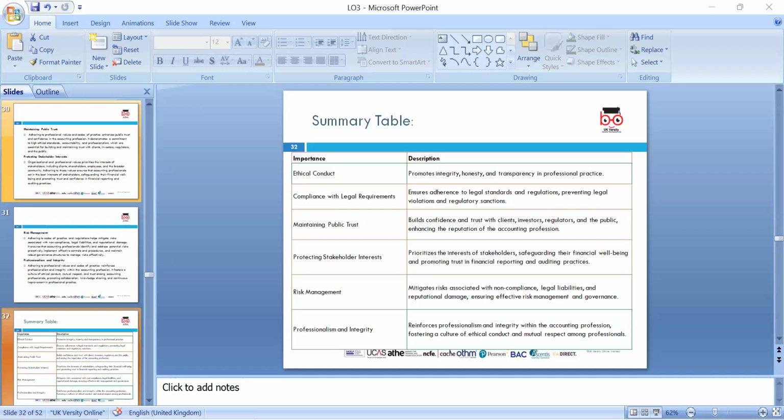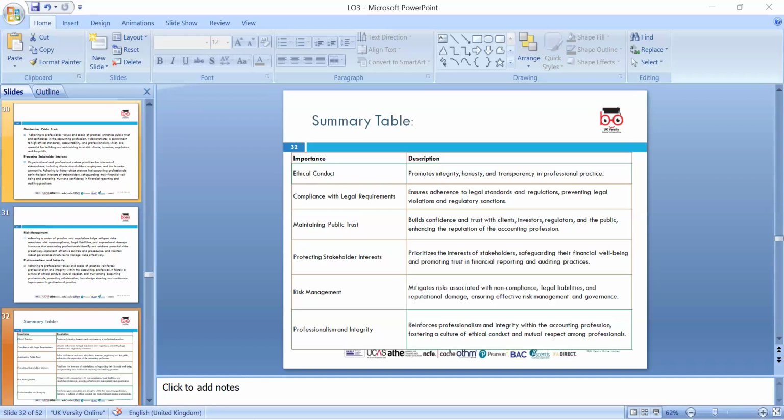Professional bodies play a critical role in ensuring accountants work ethically and legally, by establishing and enforcing ethical standards, providing guidance, and promoting continuous education and training. They enhance public trust and help maintain the integrity of the profession and the financial market. That is really what we need to look at.